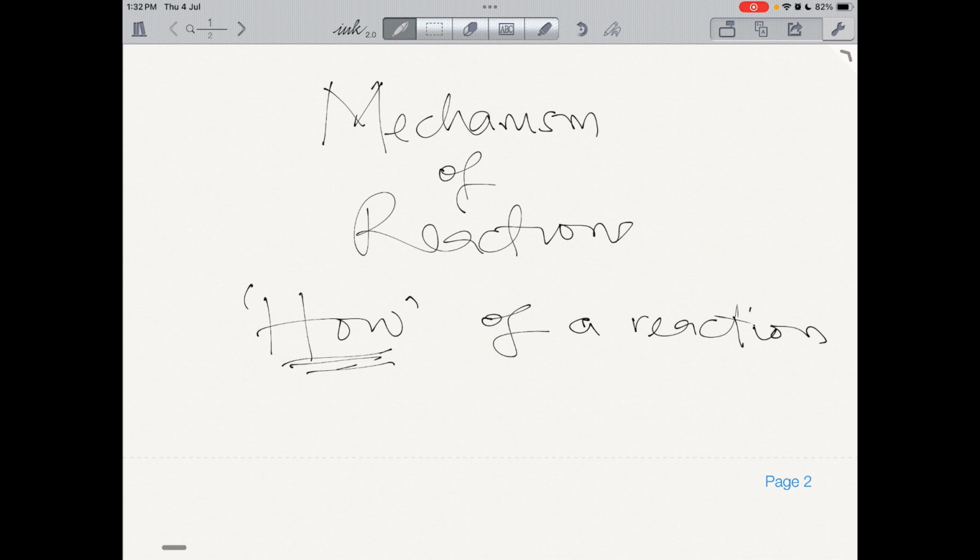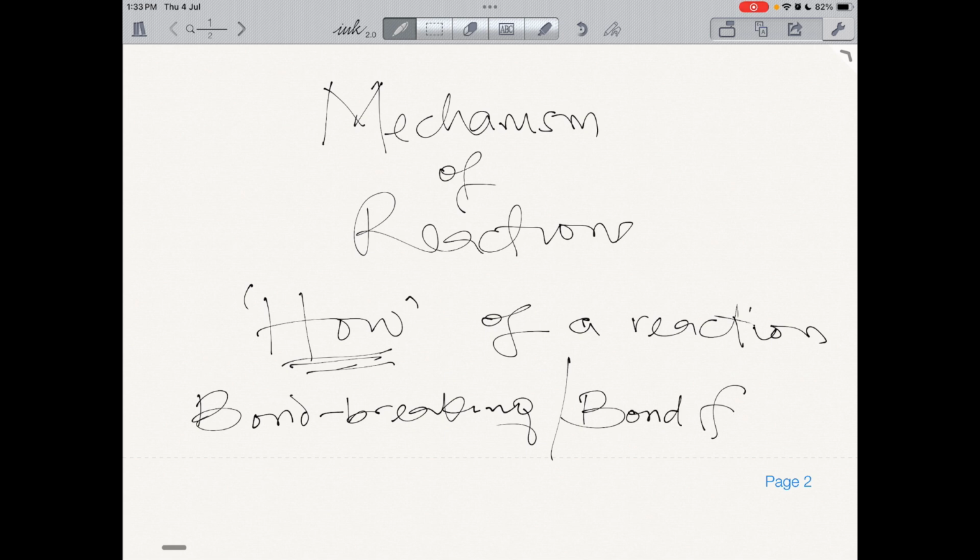Whenever a reaction occurs, there is usually the bond breaking part of the reaction, and on the other hand, as the products are being formed, there is the bond formation.